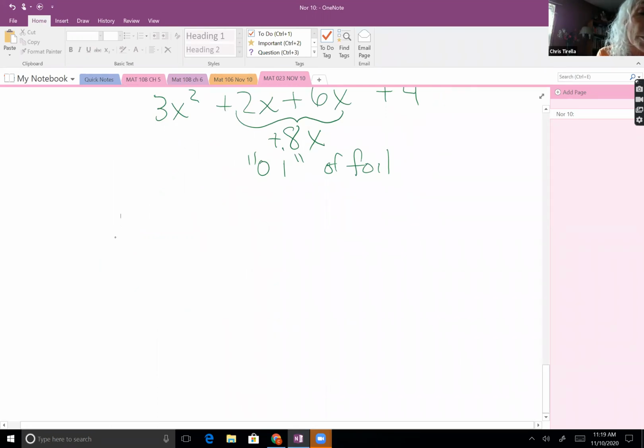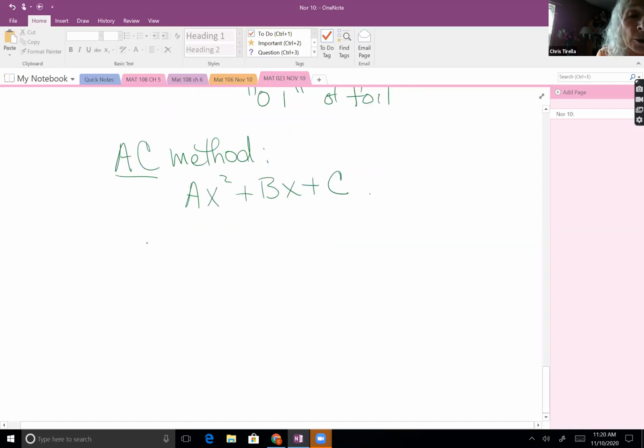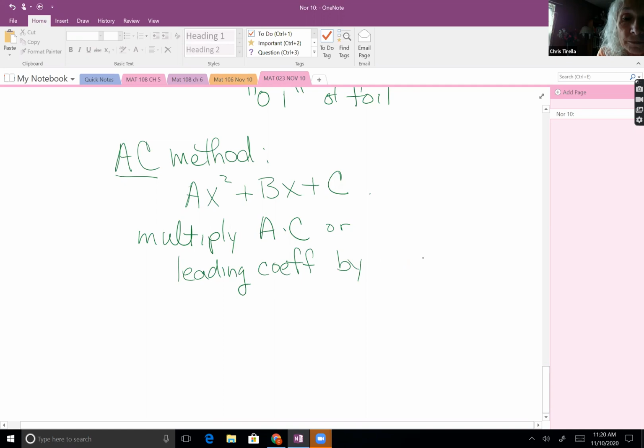Instead, if I do it with the AC method, the AC method is called that because I'm looking at ax squared plus bx plus c. And so for the AC method, we're going to multiply a times c, or the leading coefficient, by the constant term. And again, this is going on the assumption that we're in descending order first.